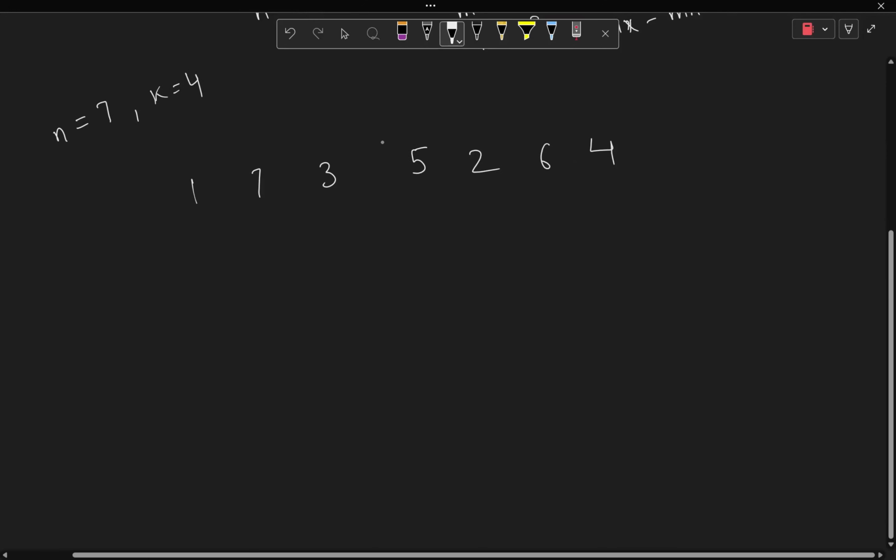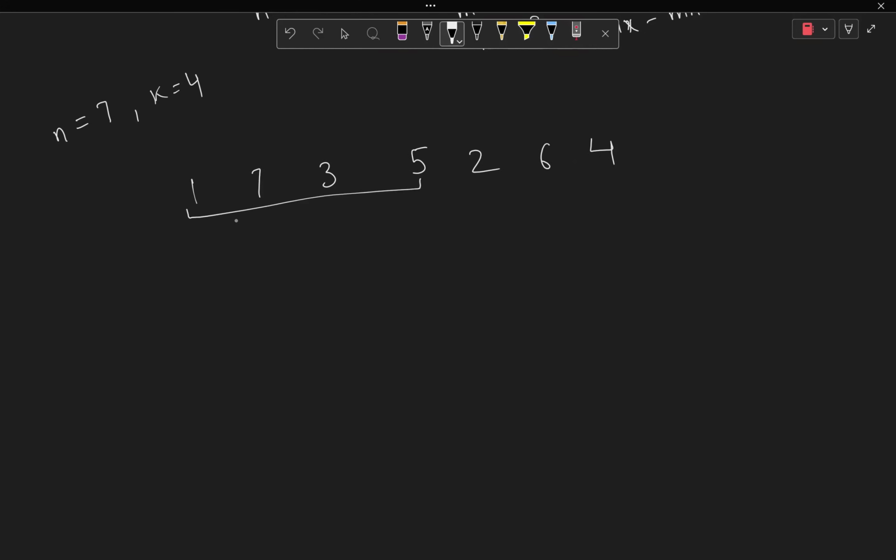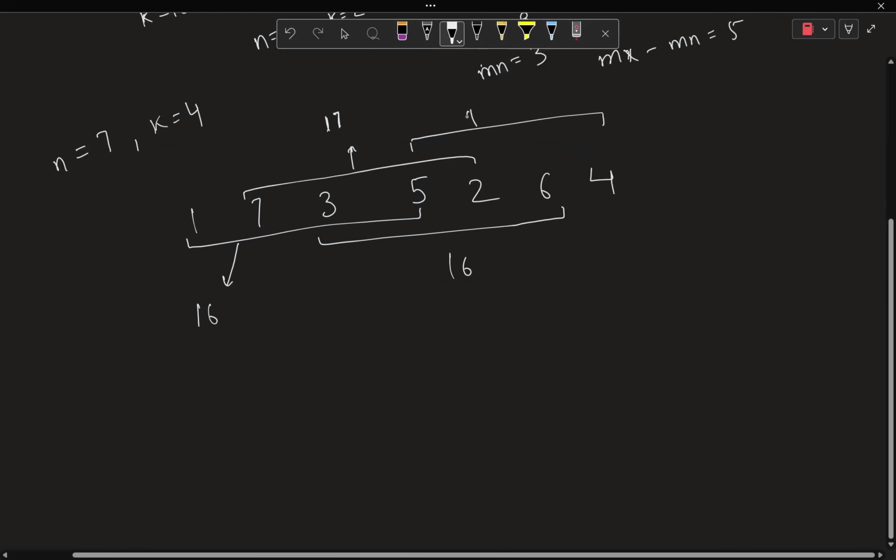So for length 4, how many subarrays are there? This is the first subarray from 1 to 5. It has a sum of 8 plus 8, 16. Then we have this subarray of length 4. It has a sum of 17. Then we have this subarray. This subarray has a sum of 7, 9, 16. And then we have this subarray having a sum of 17.